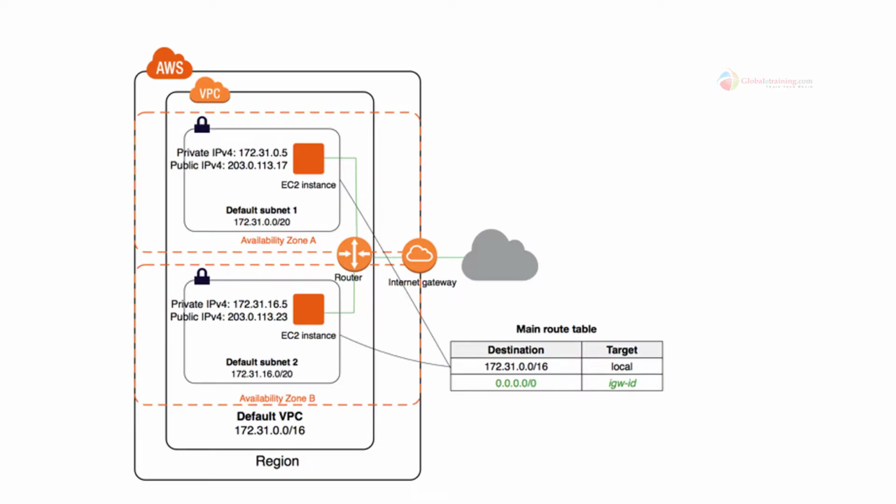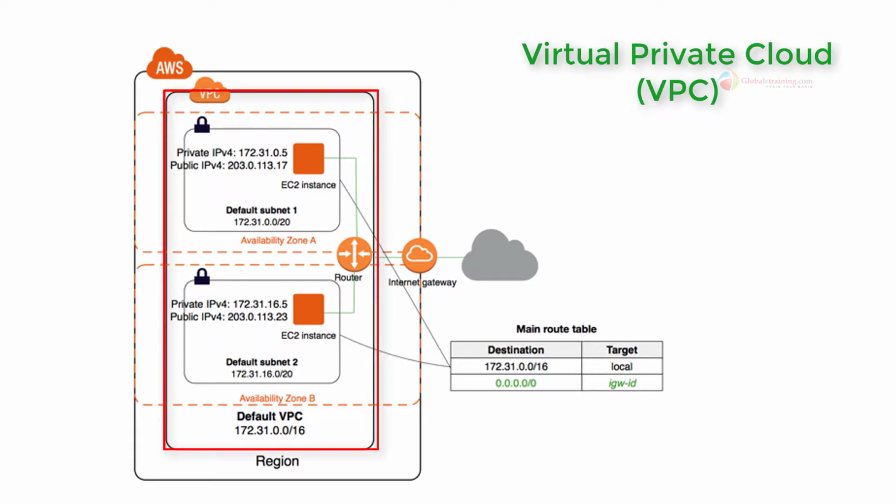Okay, here is a diagram, and here is a very high level representation of what really happened when you actually opened your AWS account. What AWS did is it created a default virtual private cloud for you, and it's sitting there ready to be consumed.